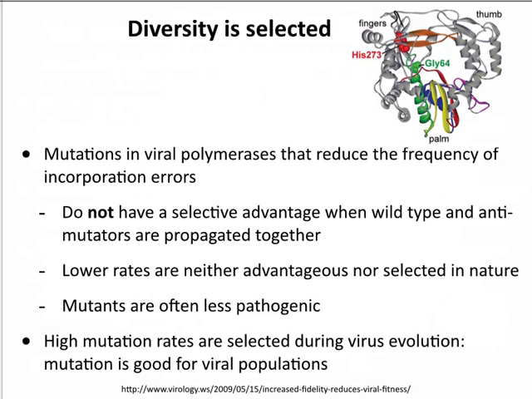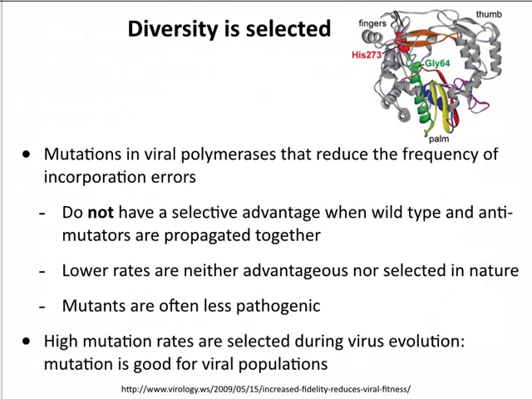Similar experiments have been done in bacteria. You can make bacteria with more faithful DNA polymerases, and they don't win. They always lose. So we need mutations. They have been selected for in nature. If they hadn't been, we would have all the RNA polymerases having this glycine, which makes fewer errors. So making mistakes is good, and it's selected for.